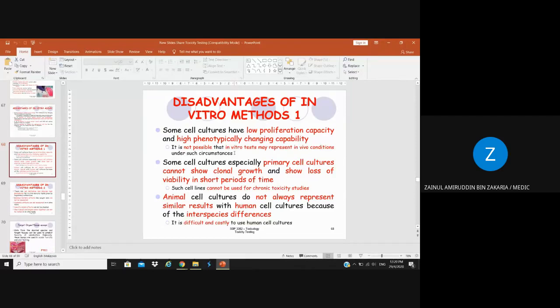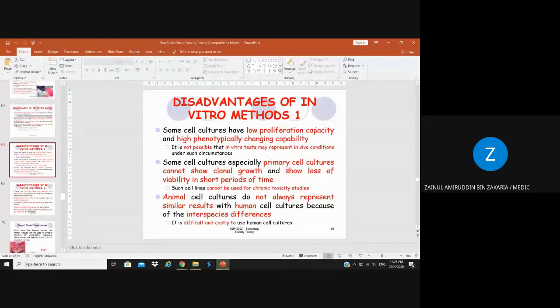Depending, some of the cells might have low proliferation capacity, so it is difficult for them to proliferate. Let's say you put 10 cells in a media and give nutrients to make them proliferate, and after 1 week you get around 4 times 10 to the power of 6.